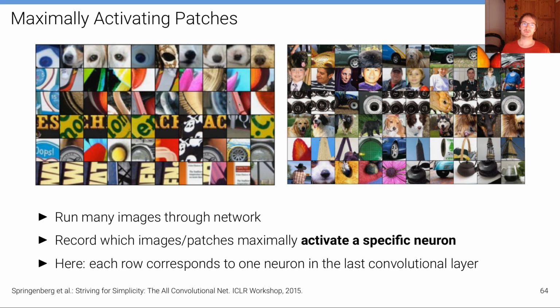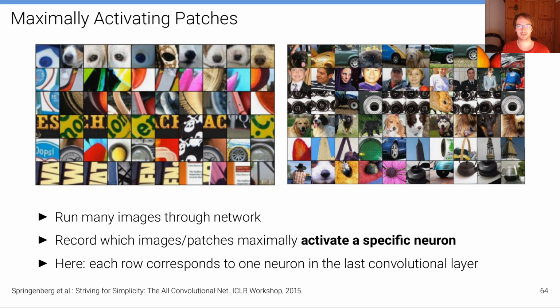Another thing you can do is called maximally activating patches. In that case, you run many images through the network, and then you record which of these images, or maybe just patches, maximally activate a specific neuron. So now you're interested in a specific neuron in the neural network.